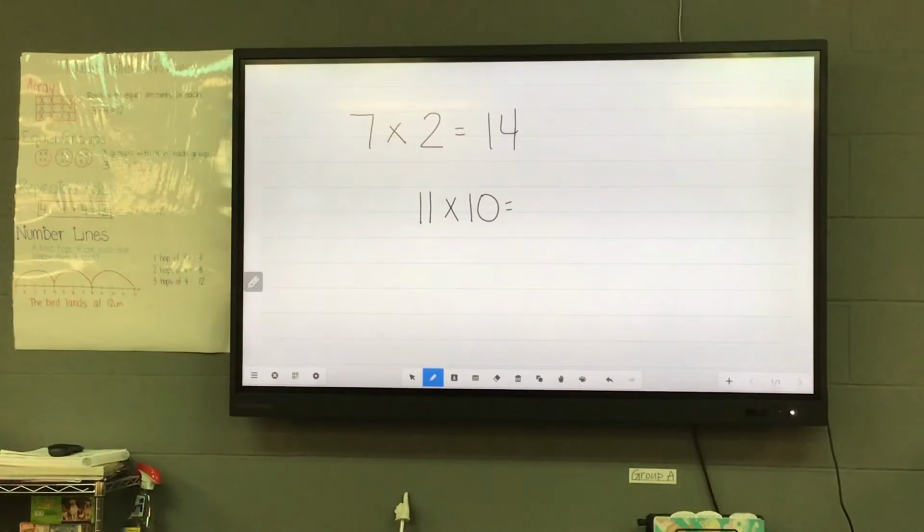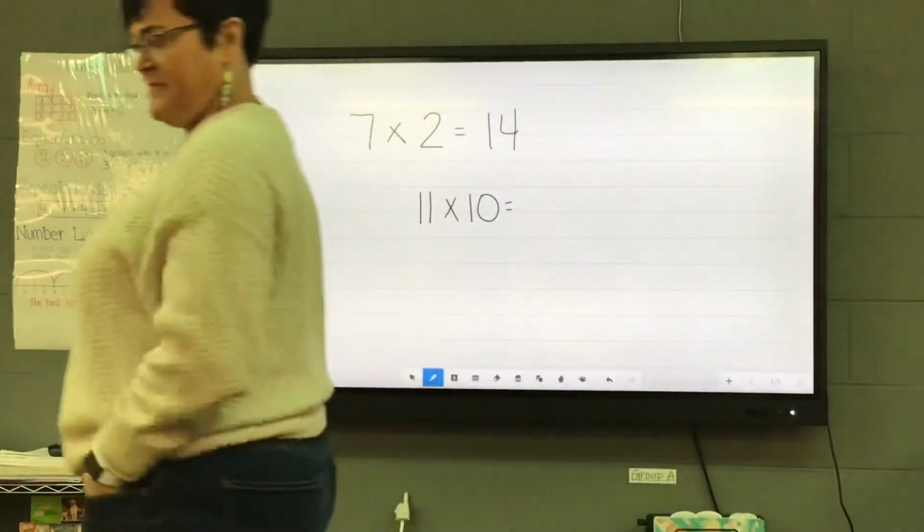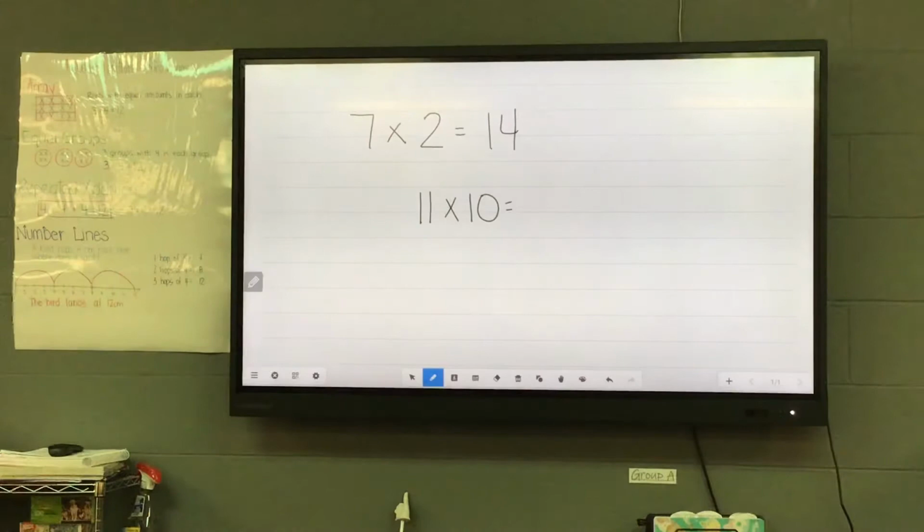So you've already kind of started. 11 groups of 10. Some of you might automatically remember things that we've talked about from previous days to help you solve this. I don't know that you'll have enough tiles for this one. You might have to do it a different way. I don't think you'll have enough tiles.